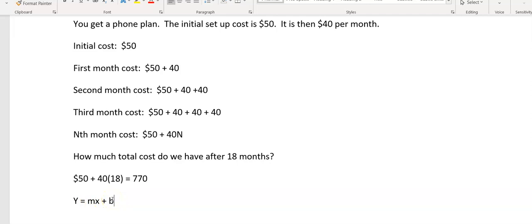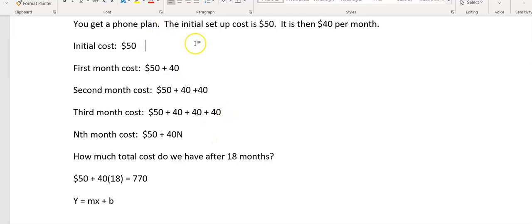Now, we're not necessarily going to graph these linear models, but if we did, we would have a rising graph with slope 40 and y-intercept 50. We could use the equation y equals mx plus b, because we really have that right there. Our x is really an n right here, and we haven't written a y off to the left, but we could.